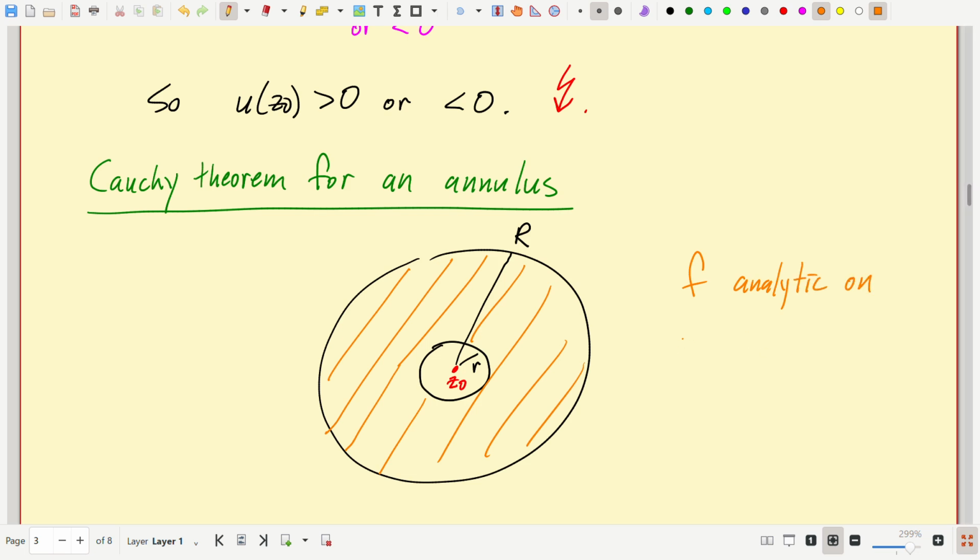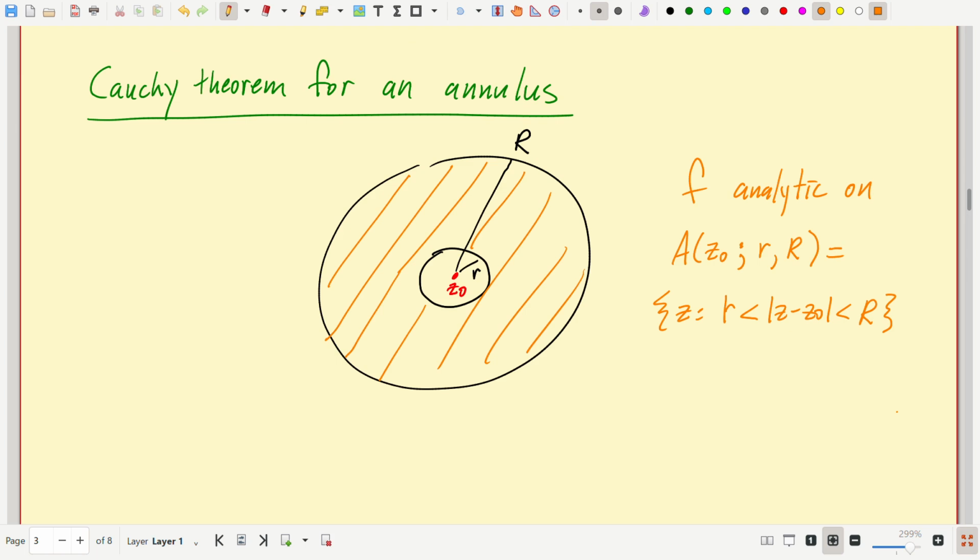One way to write an annulus would be to call it A, centered at Z naught, and the radii go from little r to capital R. So that would be equal to the z such that little r is less than |z minus z naught| is less than capital R. That's an open annulus.